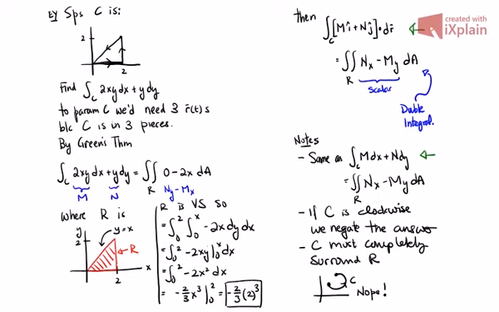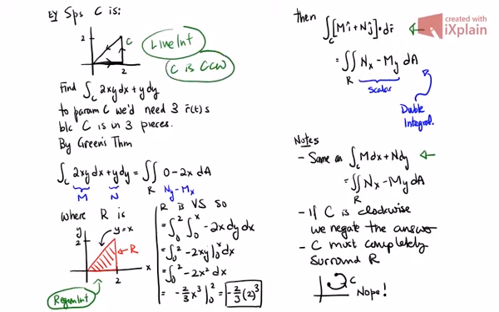Significantly easier than parameterizing and worrying about all that stuff. The key thing to see here, let me mark this up a bit, let's use, say, green, is that we went from a line integral right here to, if you like, a region integral. The original curve C is counterclockwise. We get this new double integral, we iterate it, we finish it.